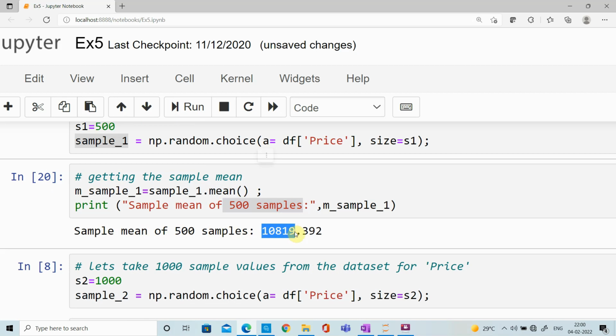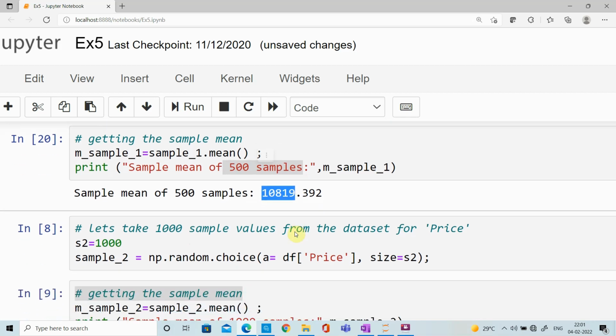So my population mean should also be near this sample mean. From this sample mean, I can estimate, or infer, that most probably my population mean also lies near the 10,800 or 10,000 range. I can decide that only by calculating my confidence interval.